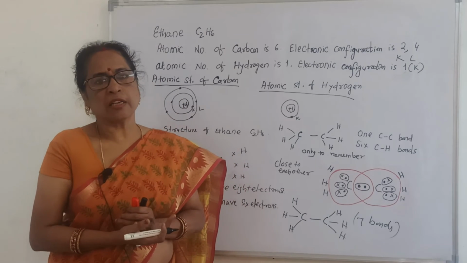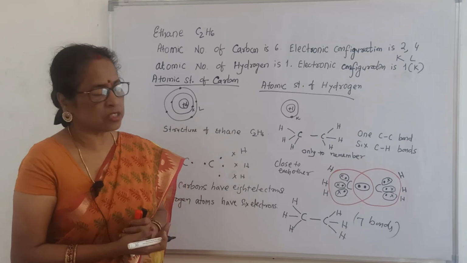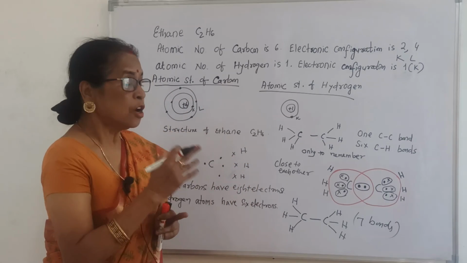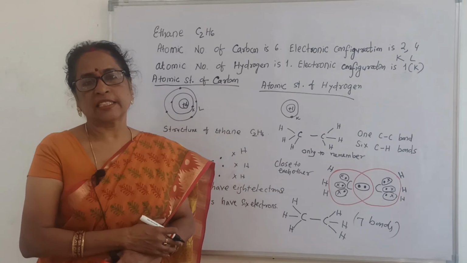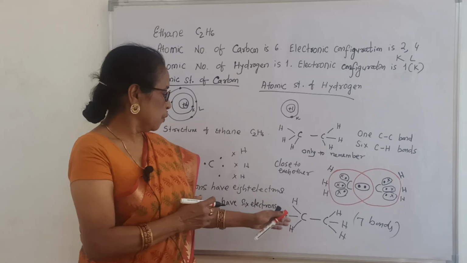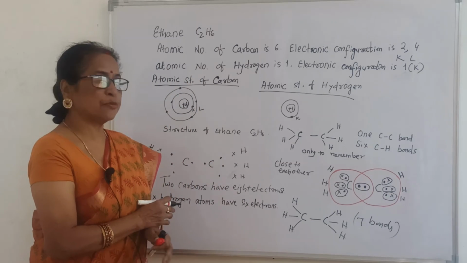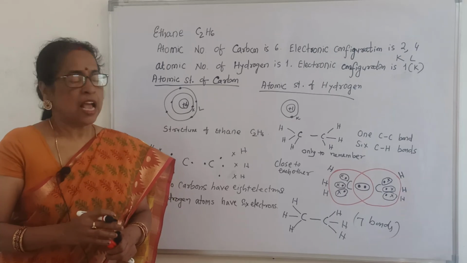Helium is a special one among the inert gases of group 18. Though it has 2 electrons, it does not have 8 electrons. It has only 2 electrons, and it is also an inert gas. So I hope this bonding is clear. There are 7 bonds. One is between C and C. The other 6 bonds are between C and H.